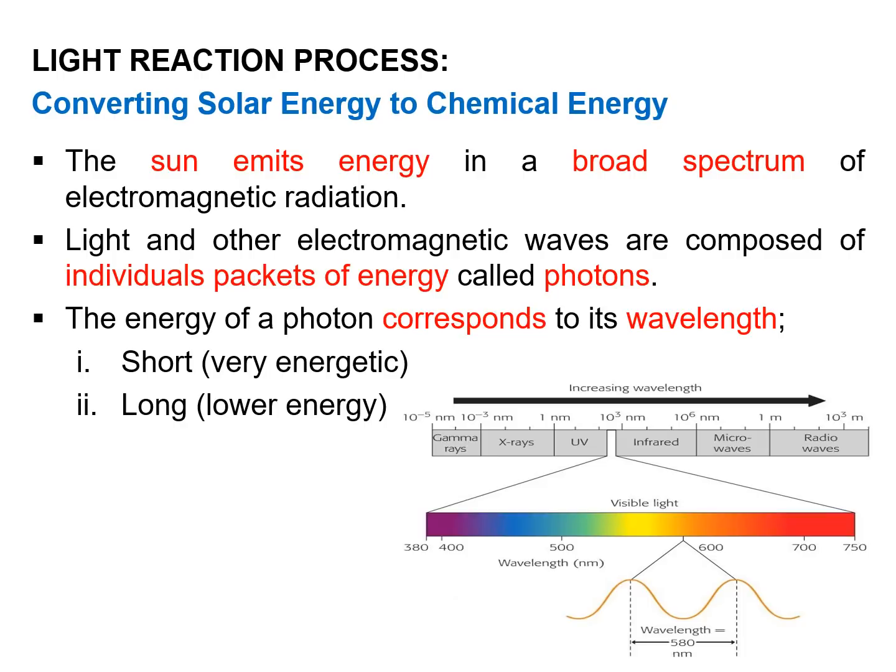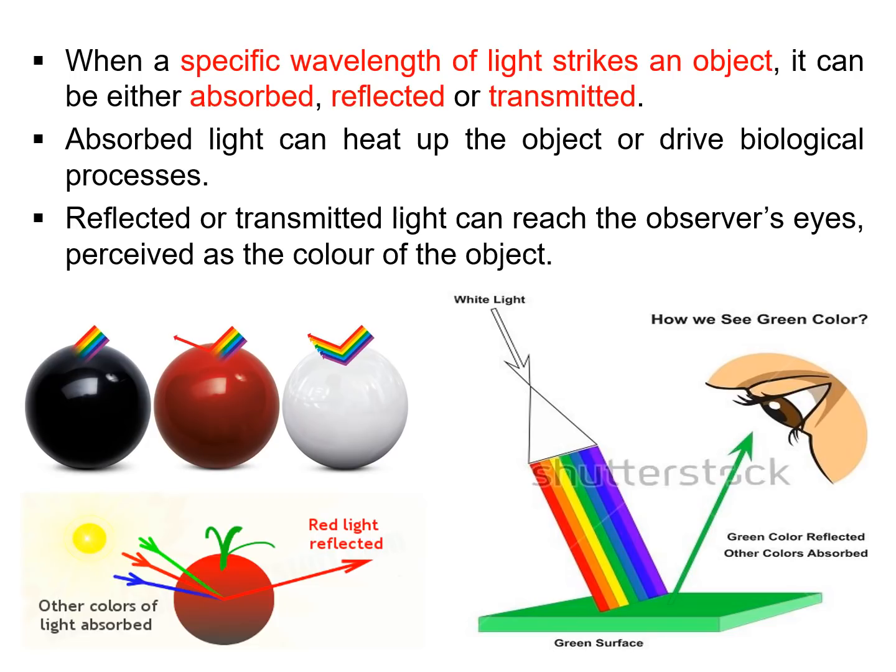These visible lights are useful in photosynthesis. Based on the photon, or individual packets of light energy, when a specific wavelength of light strikes an object, it can be either absorbed, reflected, or transmitted.